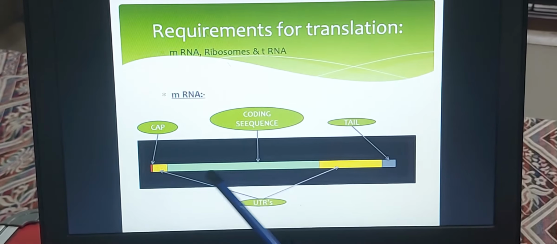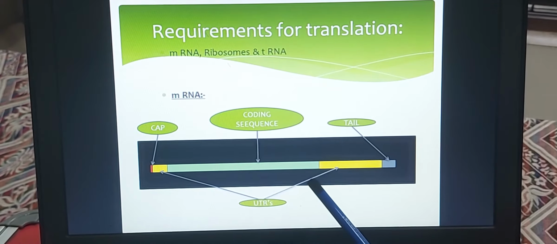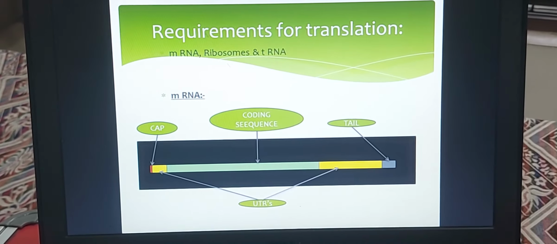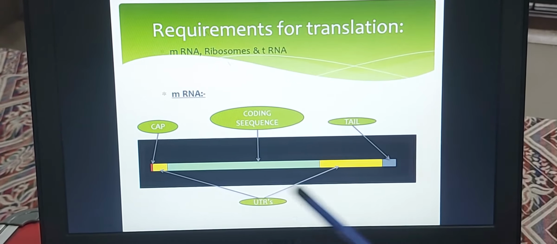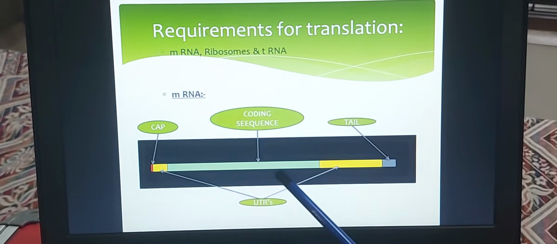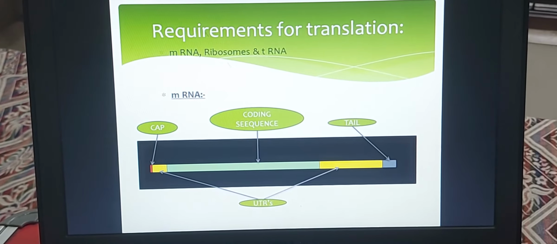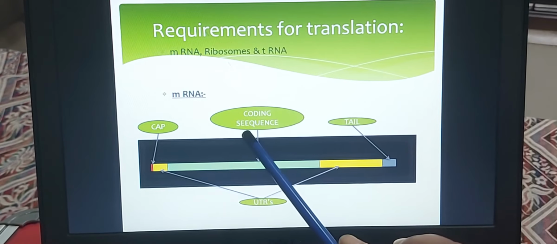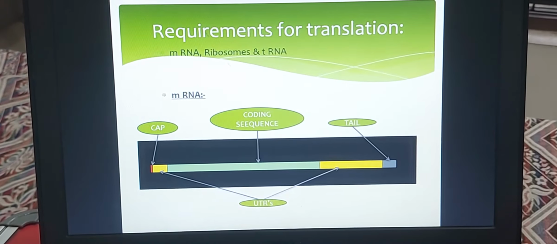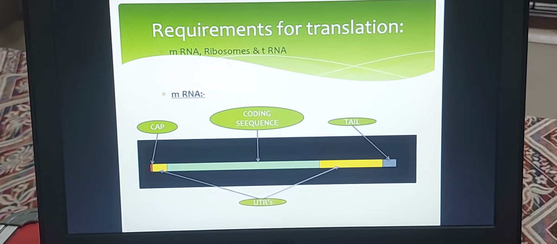It has this green segment which is called the coding sequence. This coding sequence is the sequence which is carrying the messages from DNA, and according to the code present on this coding sequence, the different amino acids will be formed. So here is one typing error, there is a small mistake in the spelling of sequence, please check that. So this coding sequence is present on messenger RNA and carries the message from the DNA.